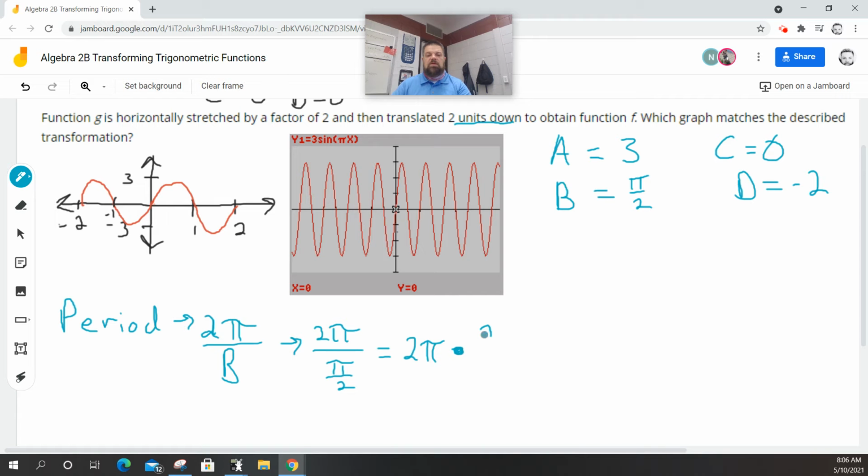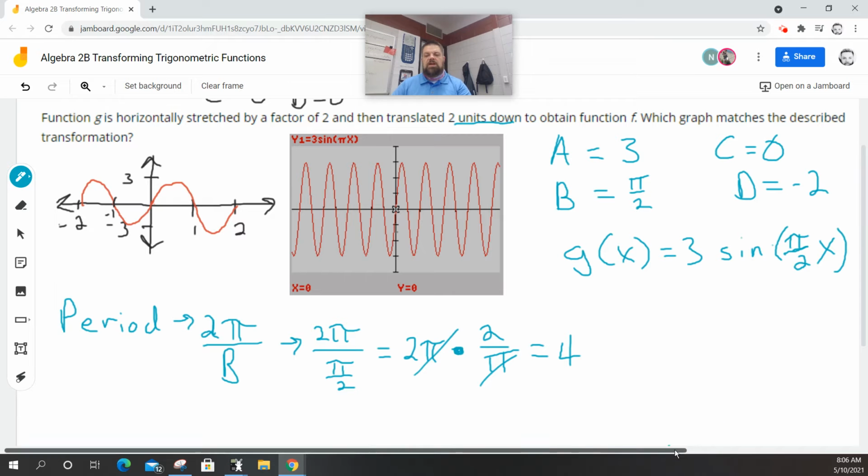So the reciprocal of pi over 2 is 2 over pi. And the pi's would cancel, and I get 2 times 2, which equals 4. So my new function, g of x, would be 3 sine of pi over 2 x minus 2.